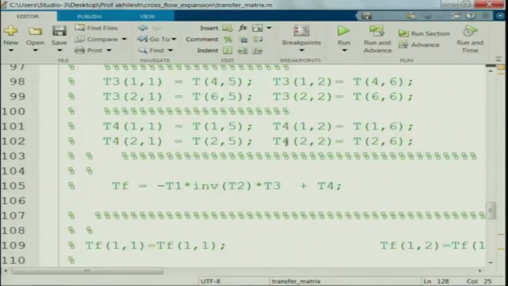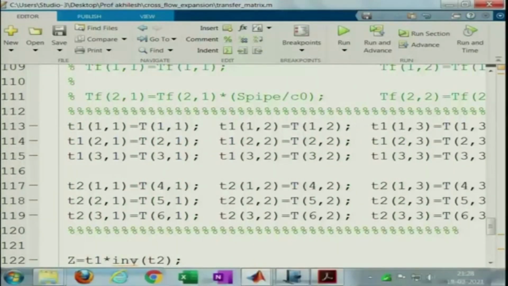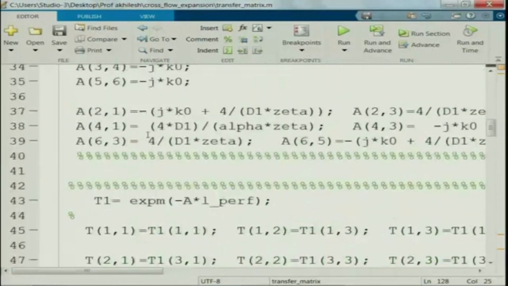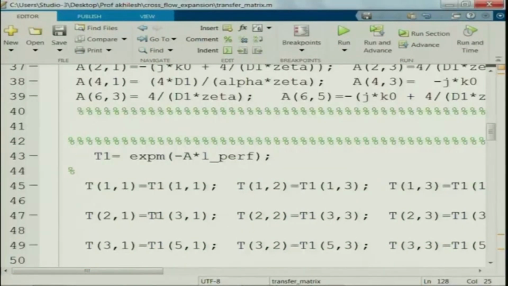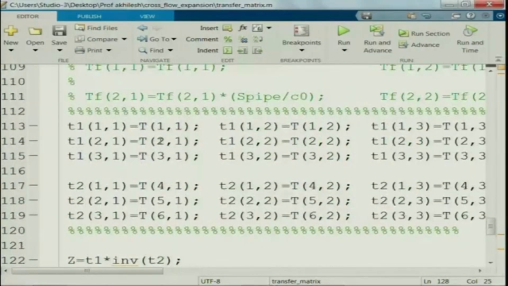And then I just comment out the other codes. This is a kind of restructuring, just extracting out certain partial information from the T matrix, what we found out up here by shuffling the different rows and columns of the T 1 matrix and putting them in the T matrix.